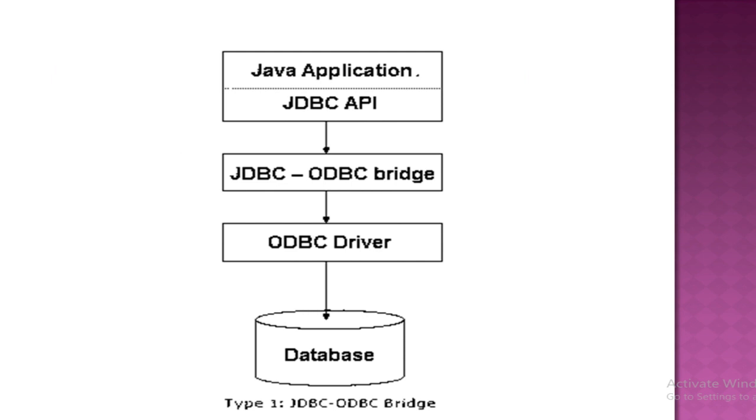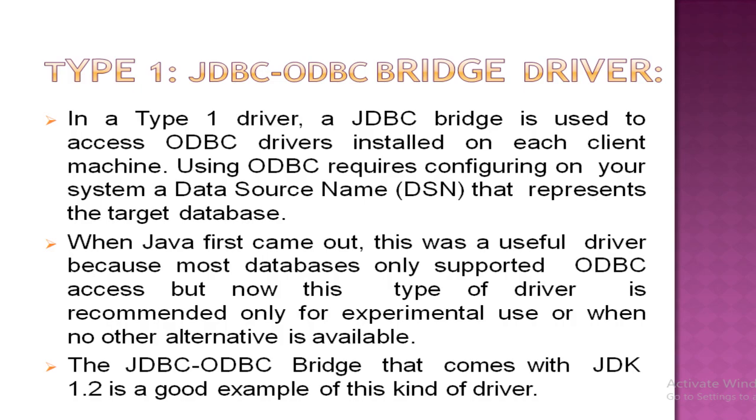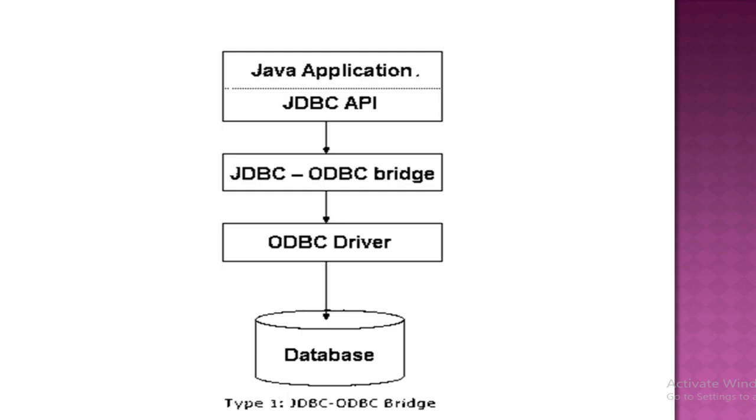So for type 1, that is the JDBC-ODBC bridge driver, the advantages are that it is easy to use and allows easy connectivity to all the databases supported by the ODBC drivers, right? And the disadvantages of type 1 are slow execution time, dependence on the ODBC drivers, and that it uses Java native to ODBC calls, right?